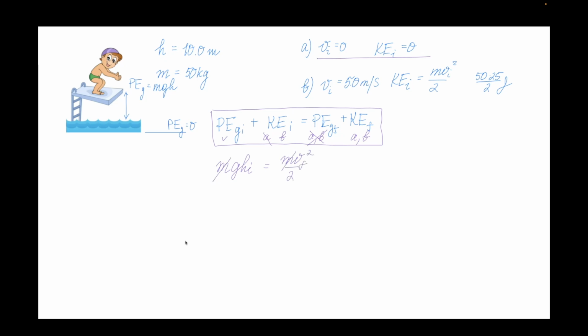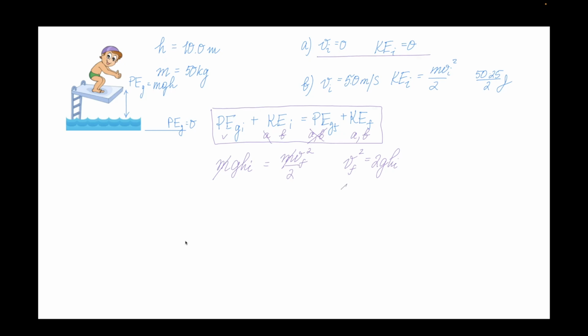Mass will cancel, and you're going to say v final squared equals 2gh initial. And therefore v equals the square root of 2gh initial. So with the numbers that we're given, it's going to be 2 times 9.8 times 10. And that will be in meters per second. You can use your calculator and figure out what it is.